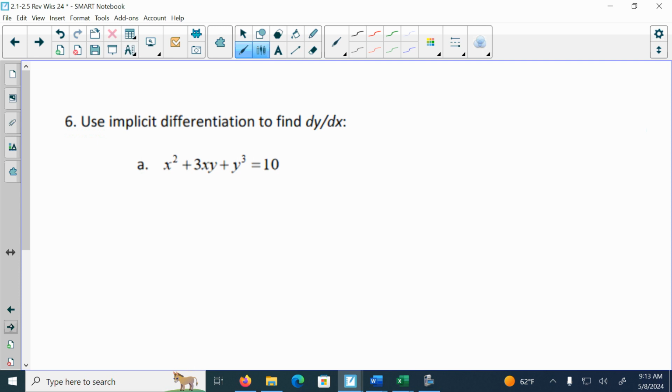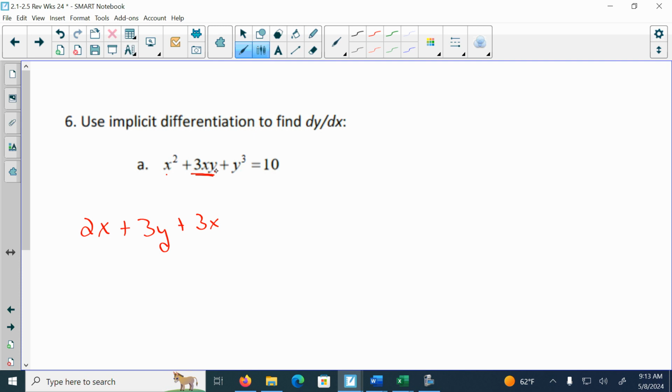Moving on, use implicit differentiation to find the derivative. This is when we're taking the derivative of y in terms of x. When I take the derivative of x squared, that's just going to be 2x. Plus, I have to use the product rule, so I take the derivative of the x first, which is 1, so 3y. Plus, now I'm going to take the derivative of y, so the 3x stays the same.